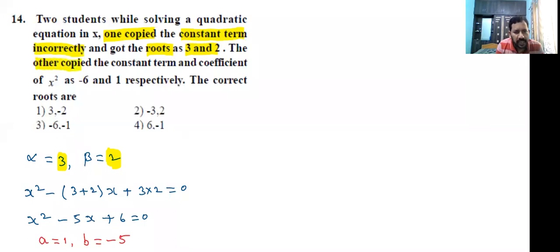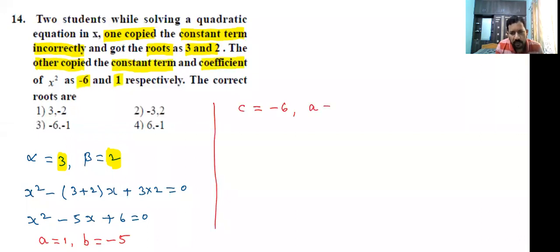The other student copied the constant term and the coefficient of x square as minus 6 and 1. The other copied the constant term as c, now c is equal to minus 6. Okay.